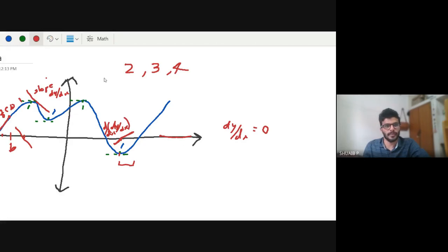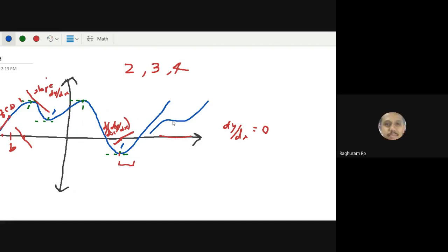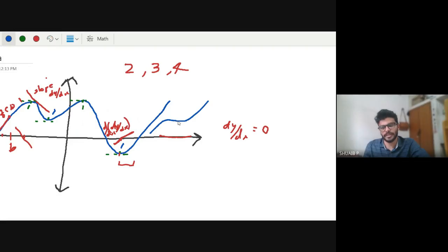At a saddle point, the function is increasing, but the derivative becomes 0 and it starts to increase again.